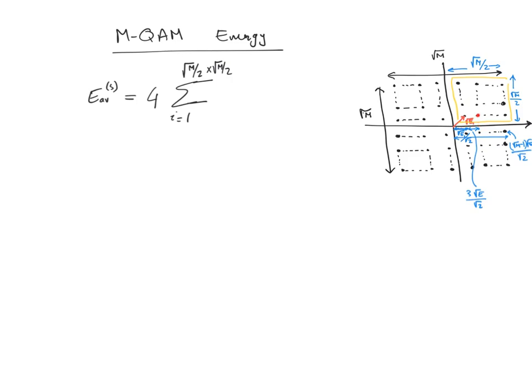So simply you can say that the energy of this point can be calculated from the square of this plus the square of this. So basically you can figure it out by just knowing the x distances and the y distances, squaring each one of them and adding them together, and you would end up with the square here, which is the energy that you want to calculate. Now, how many points here do we have?